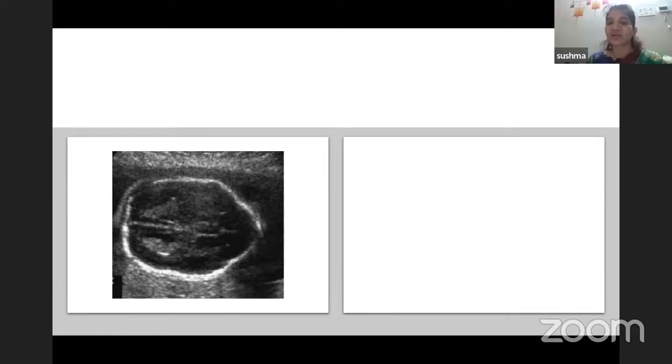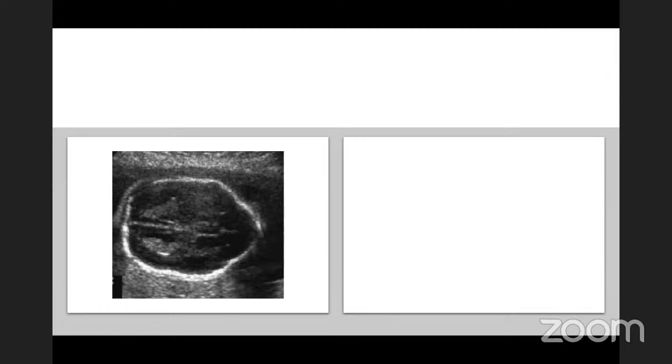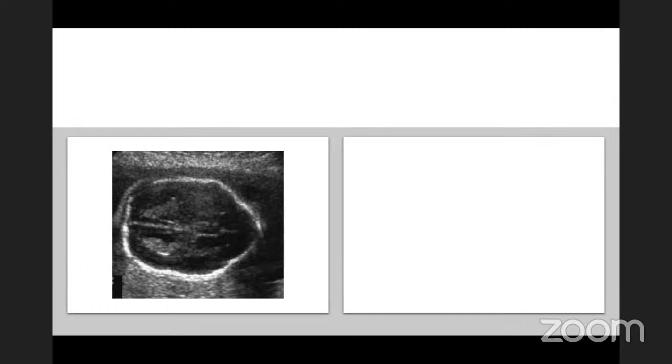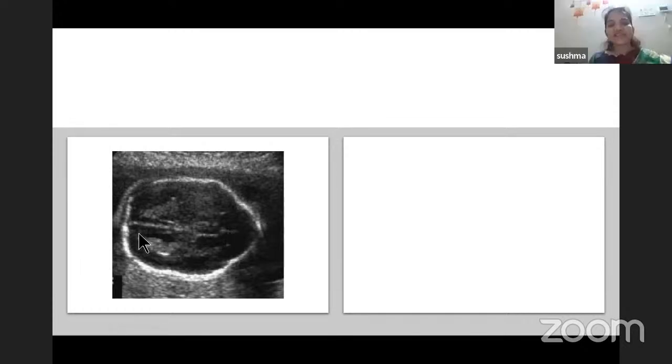Thank you, one answer, C. Please type in if it is axial plane, coronal plane, or sagittal plane. And also if you can find out any anomaly in this section.